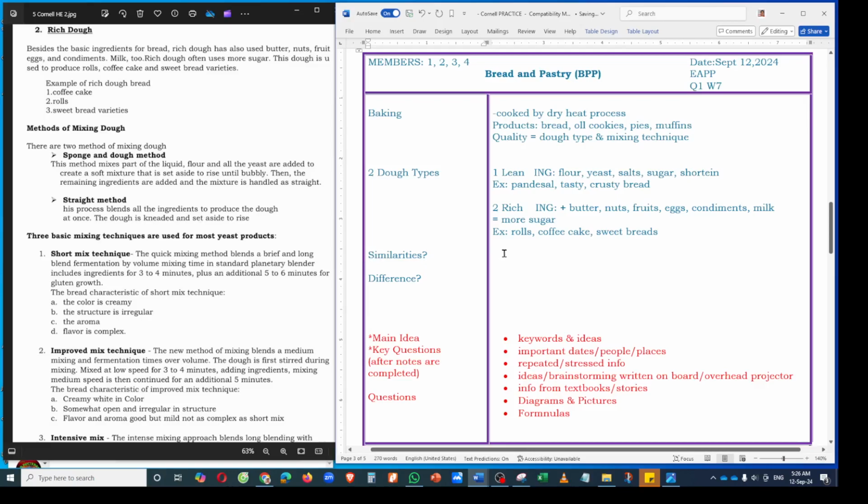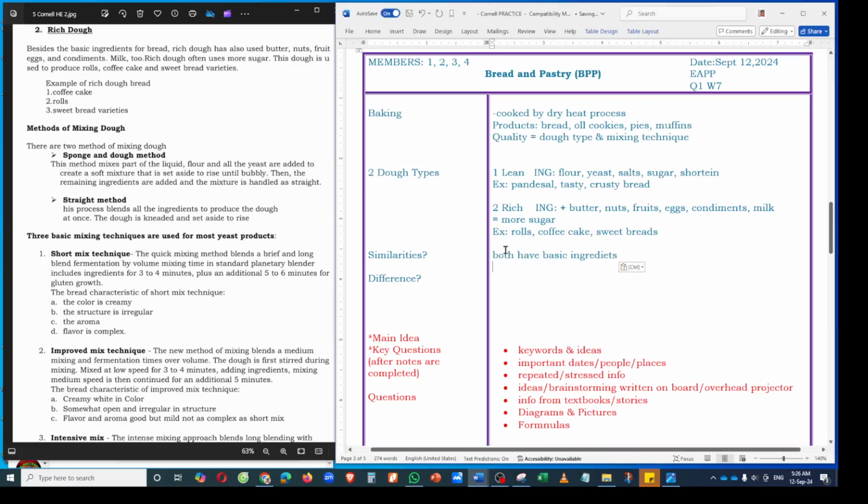So, what are the similarities? Pareho sila merong ganito, oh. They both have yung basic ingredients. So, since alam mo kung ano yung basic ingredients na kay lean, pareho sila lahat merong ganitong ingredients, yung rich and lean dough.